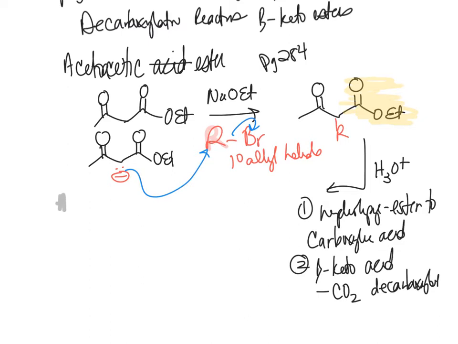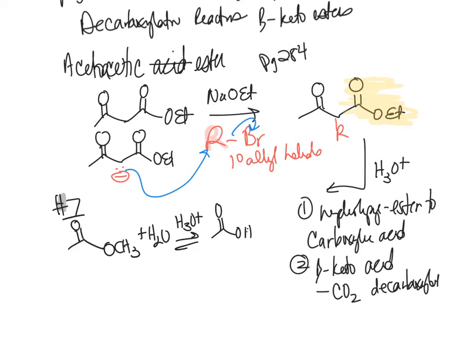So number 7, it says esters can undergo acid catalyzed hydrolysis as shown below. So here we have the methyl ester, and we're adding acid. All right, and then that gives you the carboxylic acid plus methanol.